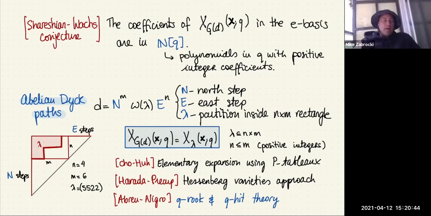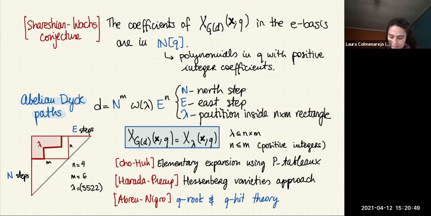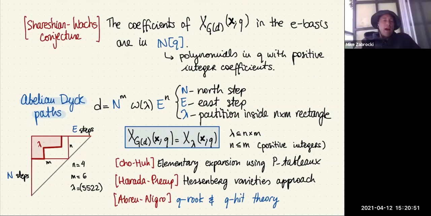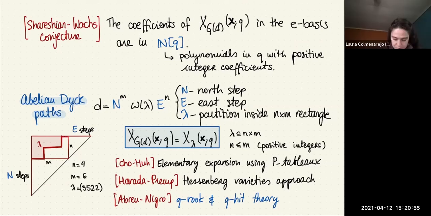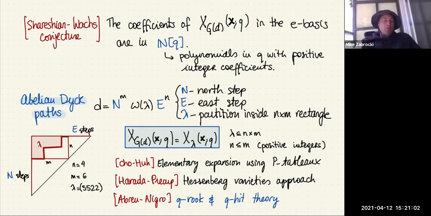But does your partition lambda have to go up to the edge of the m? So in other words, you're saying that the bounce path has 2 steps, or this one should be like that. Can you repeat your question, Mike? Are you saying that the bounce path of the Dyck path has 2 steps?